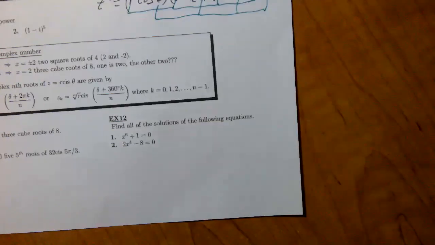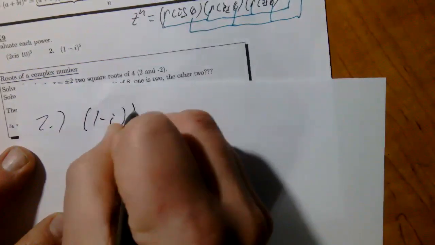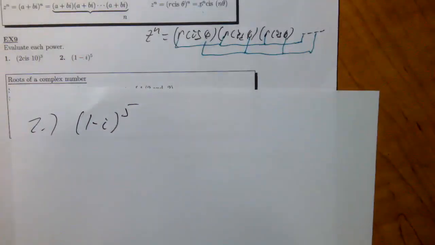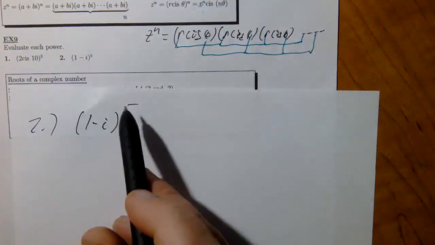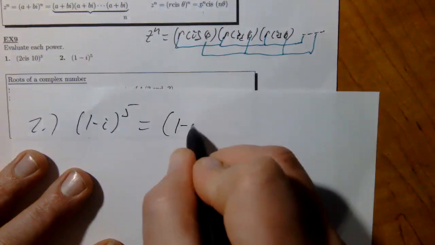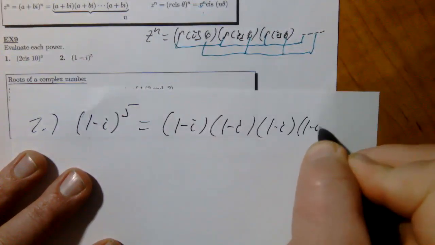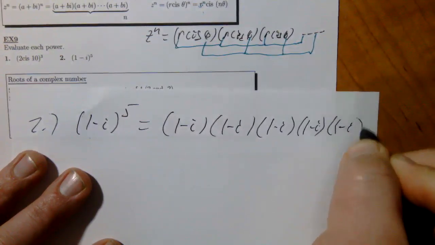Okay, so here is the real beauty of this, and this is ultimately why we talk about this. It's kind of our build up. Imagine 1 minus I to the 5th, or some other crazy complex number in rectangular form raised to some crazy high power. In rectangular form, you'd have to do 1 minus I five times.